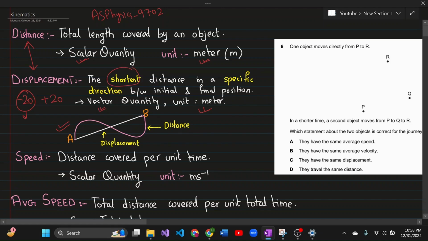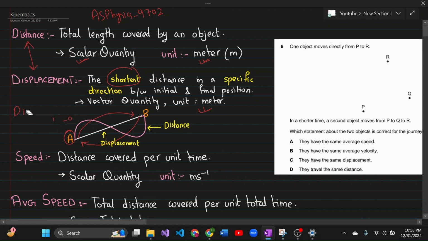You need to remember these two terminologies and the difference between them. Sometimes it has been asked how displacement can be zero. If a person goes from A to B and then returns through B to A on the same path, then its displacement would be zero. Not distance, only displacement would be zero.